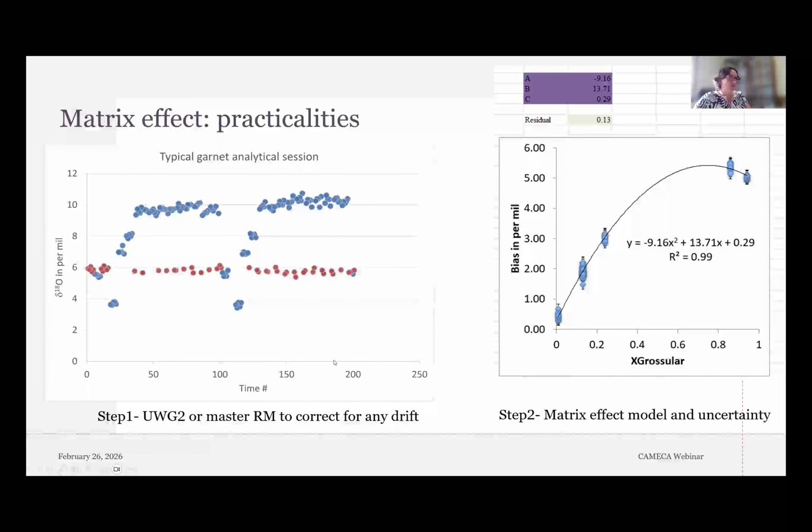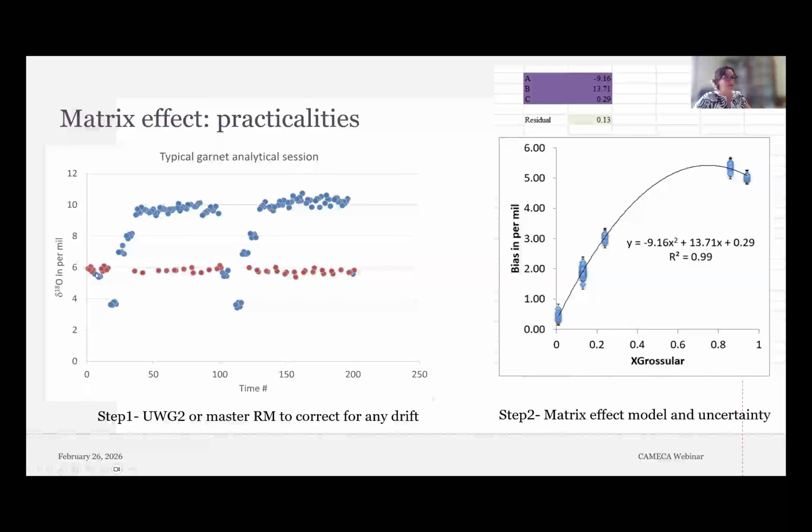This is just to show an example of a data set we obtained from measurement, for example here in garnet, so again, a mineral with complex chemistry. We have our main standard here that monitors the stability of the instrument during one session. Then we analyze some reference materials with different chemistry.